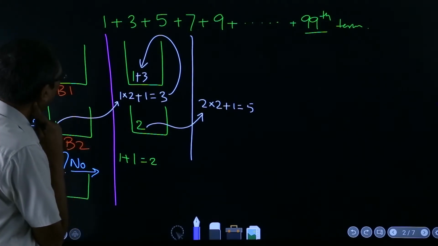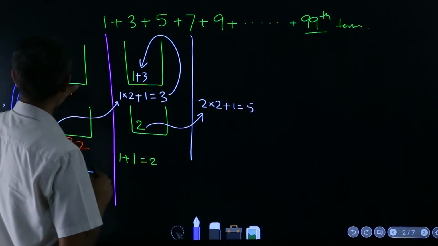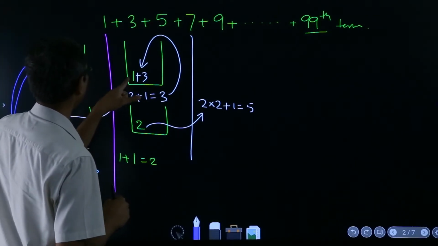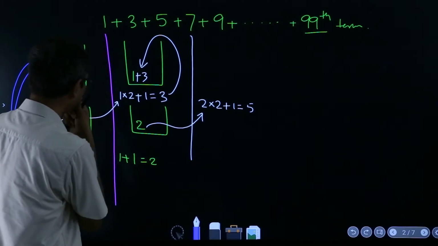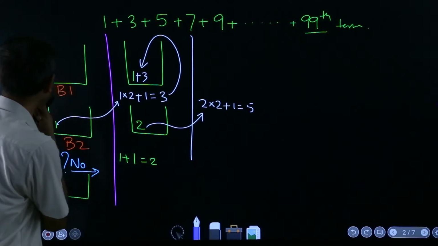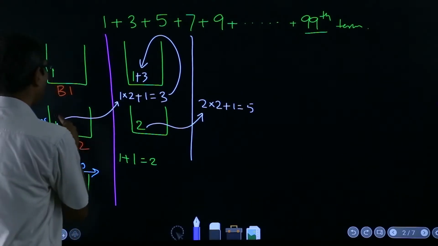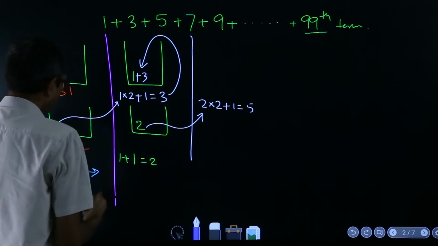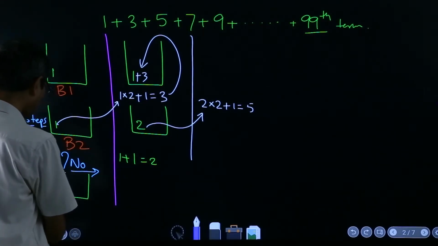Okay, will it work? No, this will become exactly the same thing which we did here, right? 4 plus 2, no. So what you should do is, whatever you are adding here, that should be, okay. To start with, you keep the bucket, but don't put anything there.